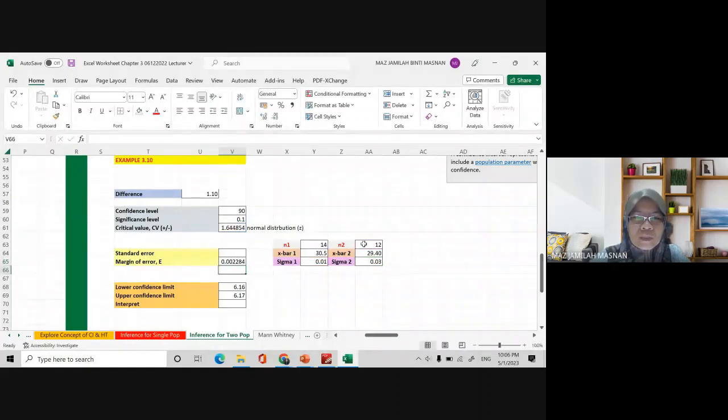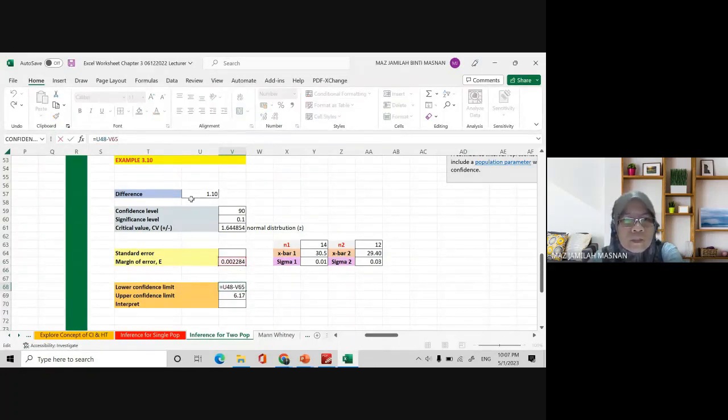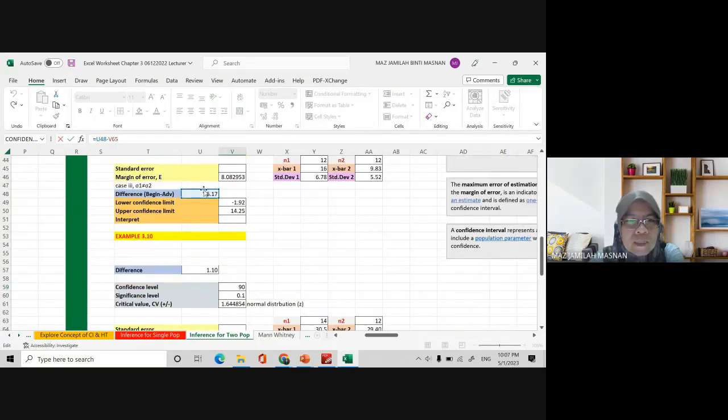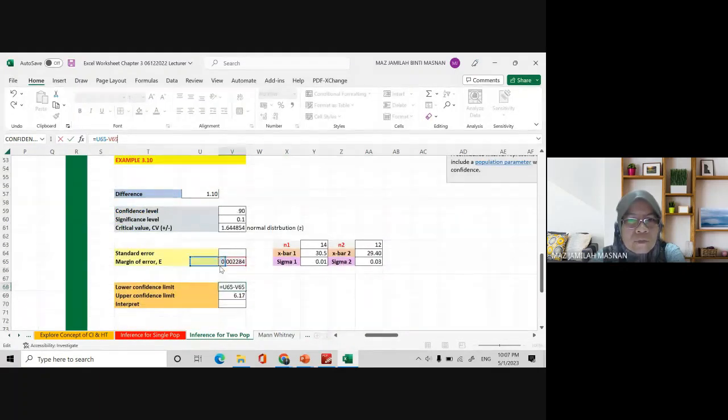I hope this is correct. Is there anything wrong? Let us check here. Where is the one that is missing? The cell should be dragged down to the correct difference. It should be the difference minus the margin of error.